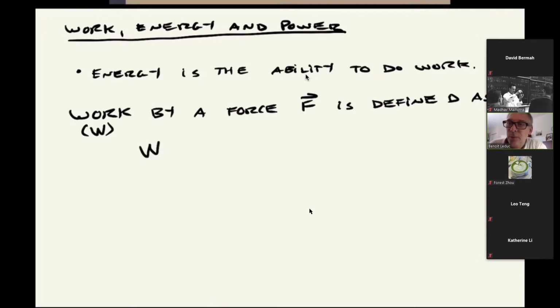Small w is weight. This is a big W. And it's going to be what we call the dot product of the force times the displacement of the point of contact.